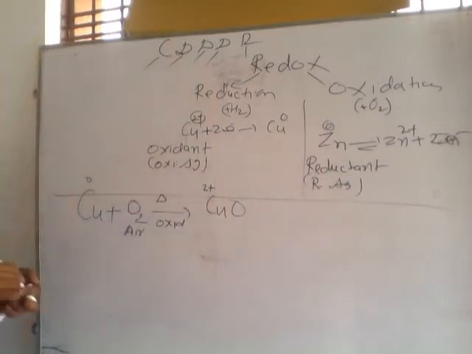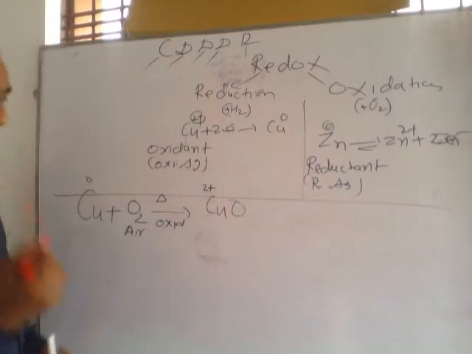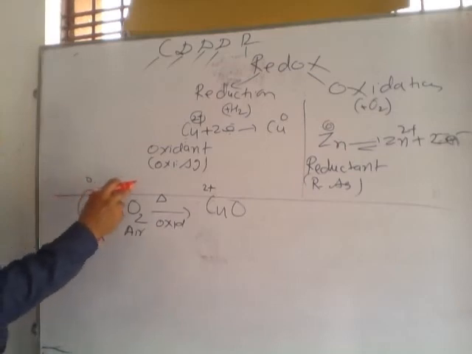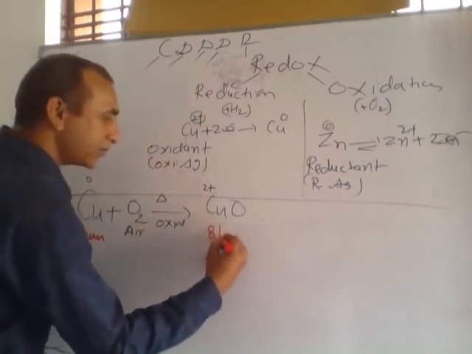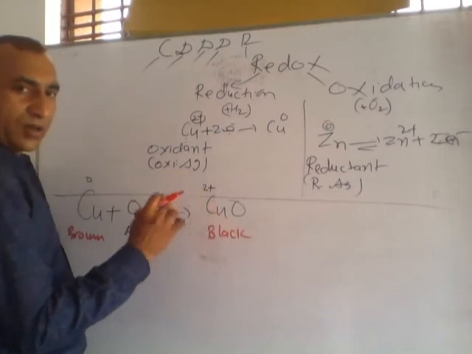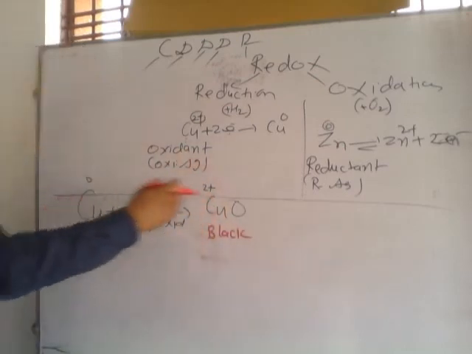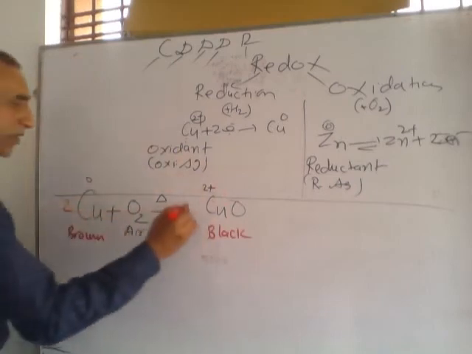In exams they ask, there is a metal of which color is brown. If this metal is heated in air, it forms black color. The black color is due to formation of copper oxide on the surface of copper. So for balancing we can write here 2, here 2.